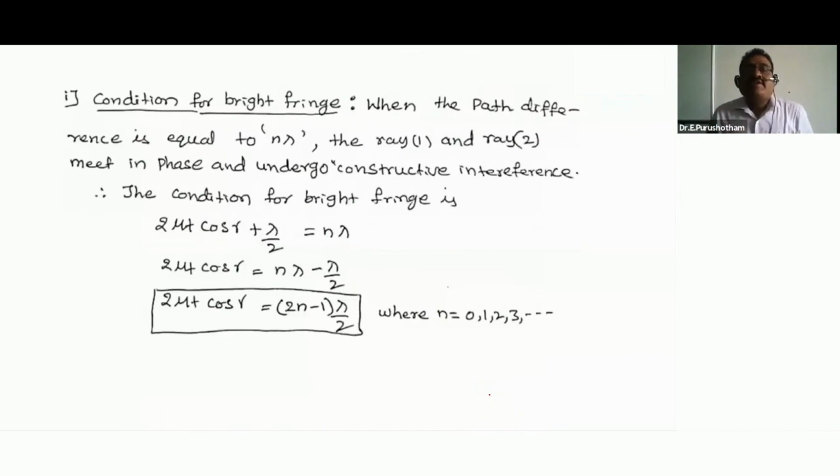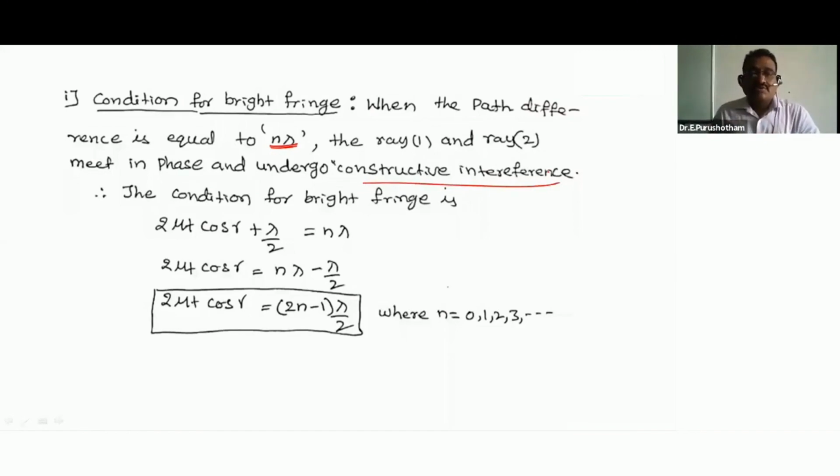Condition for bright fringe. In general, for a bright fringe the path difference is n lambda, as we studied in Young's double slit. Ray 1 and ray 2 meet in phase and undergo constructive interference, so it gives the bright fringe.